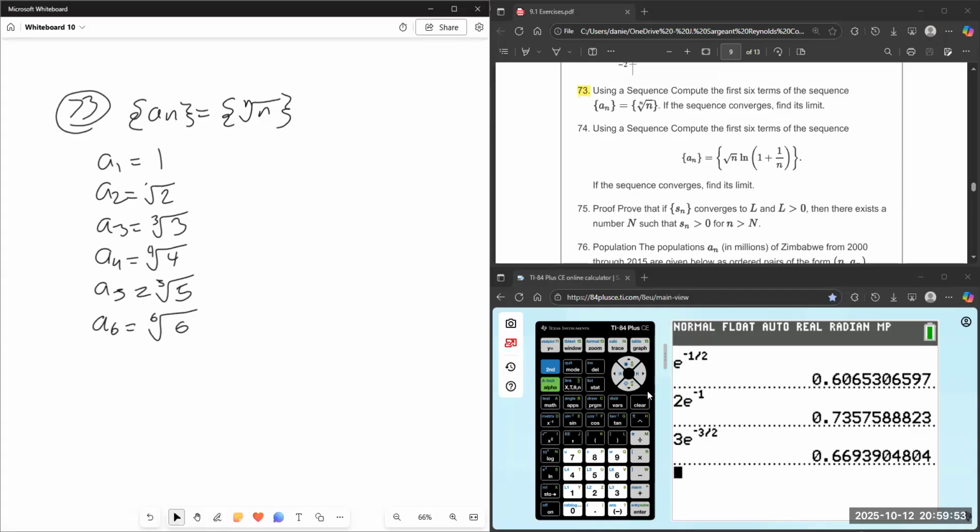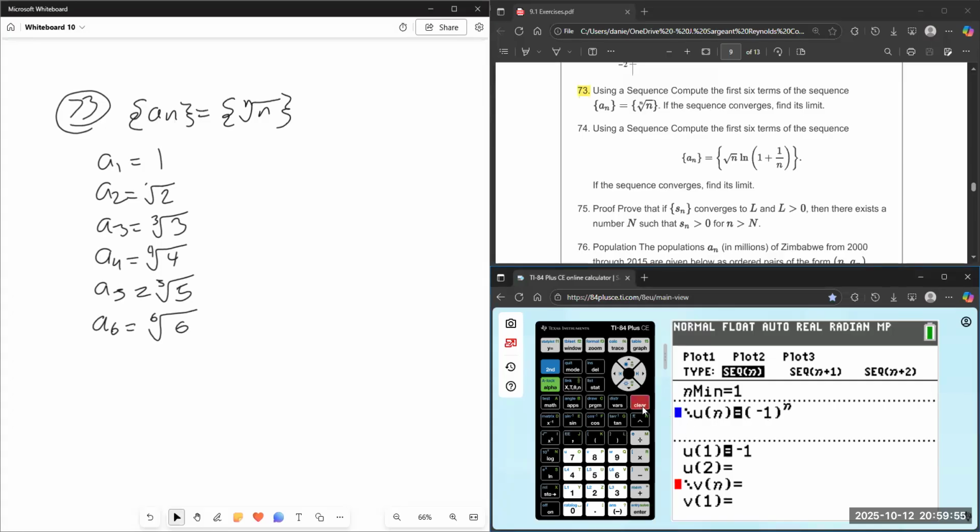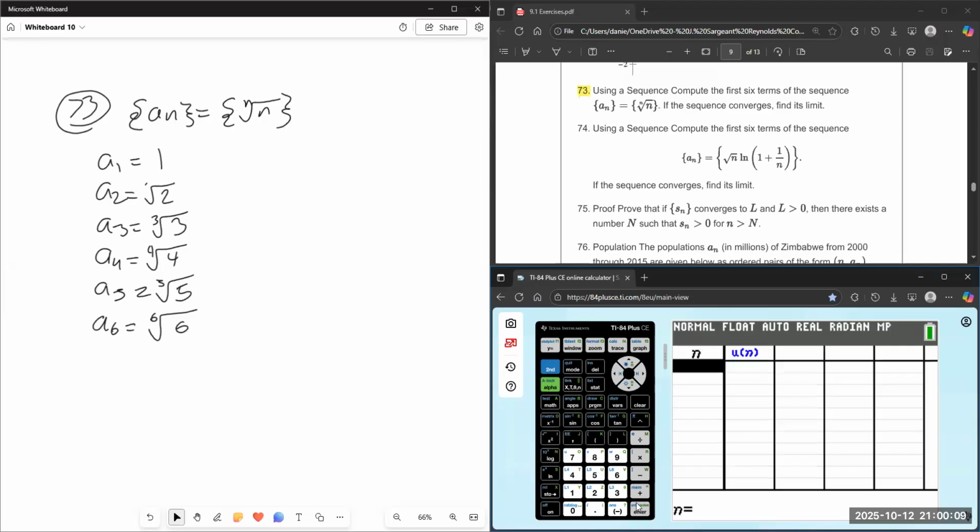So let's come here, y equals, and this is going to be n to the 1 over n, and start with 1 and go to my table, and 1, 2, 3, 4, 5, 6.